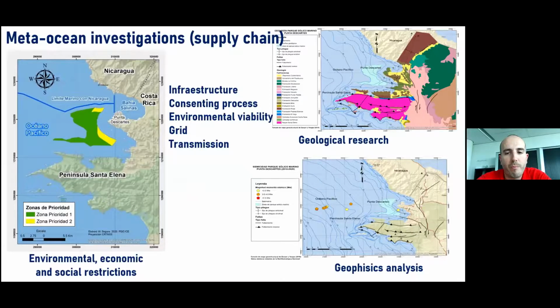As you can see, we are moving to try to give answers in many meta-ocean investigations, researching the supply chain. As you know, we need to know the current status of Costa Rica in issues such as infrastructure, consenting process, environmental viability, grid, transmission.